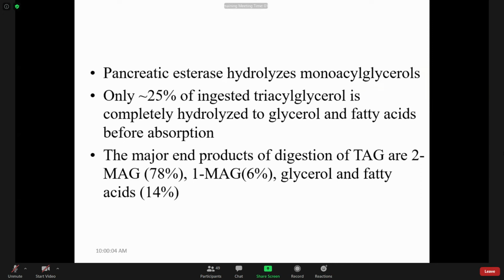Pancreatic lipase is the main enzyme responsible for digestion of triacylglycerol, cleaving only the bonds at the first and third carbon, which is why 2-monoacylglycerol is the major product.